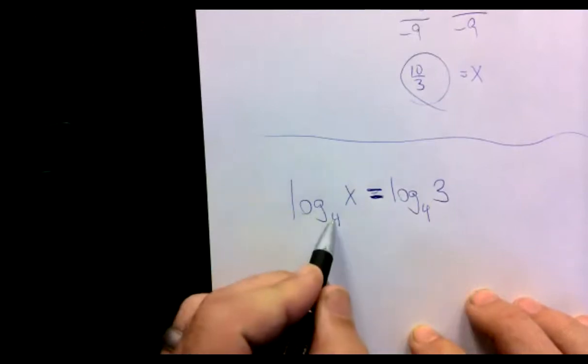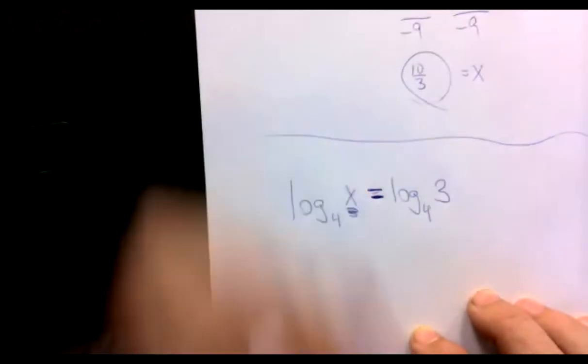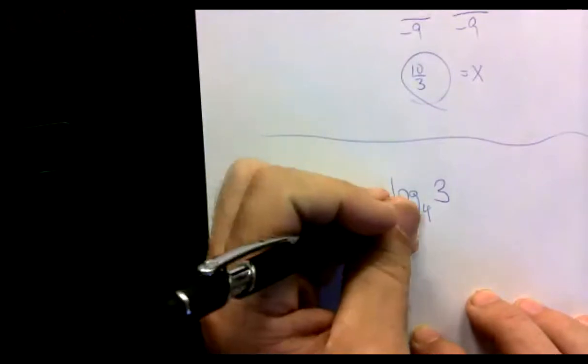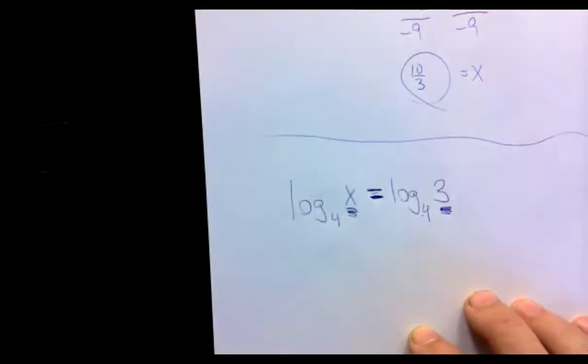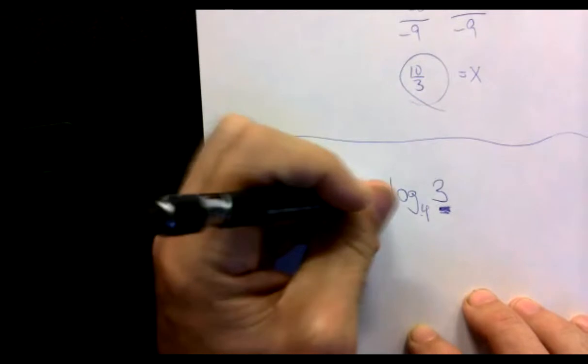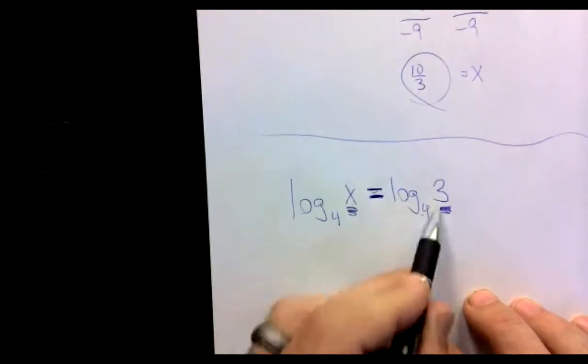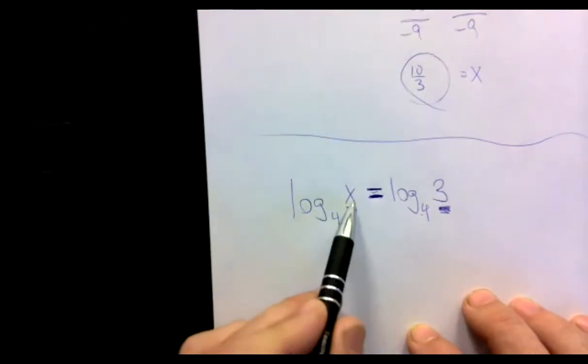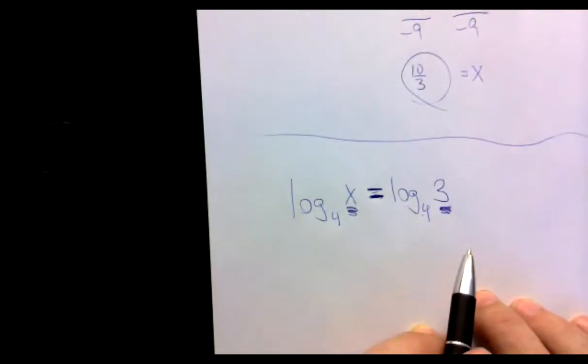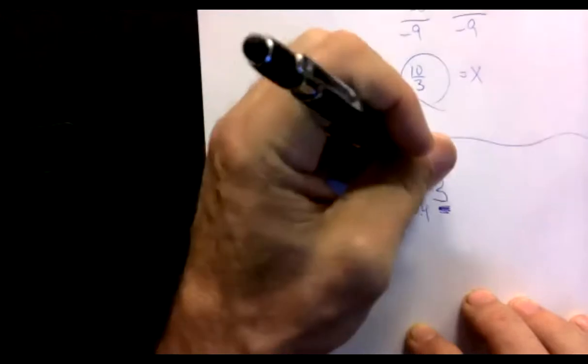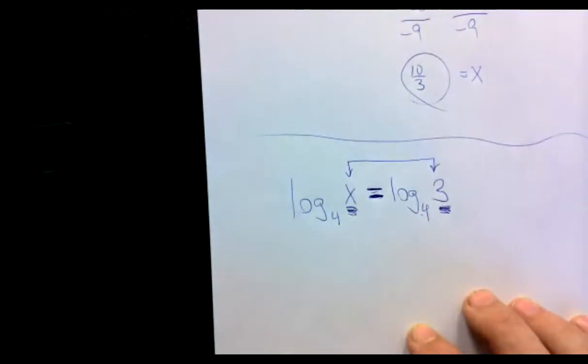So if I'm taking the log sub 4 of this, and I'm taking the log sub 4 of this, the only way these two things can be the same is if these two numbers are the same. The log sub 4 of 5 is not going to equal the log sub 4 of 3. That doesn't make sense. The only way these can be the same is if these two quantities are equivalent.